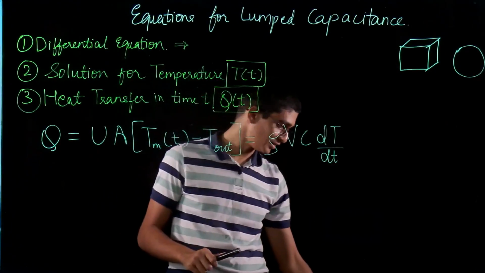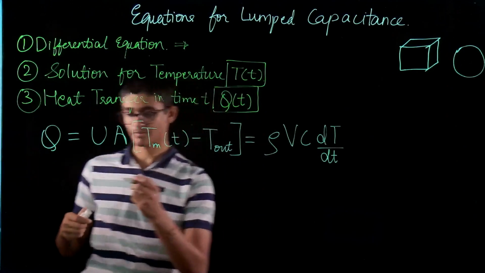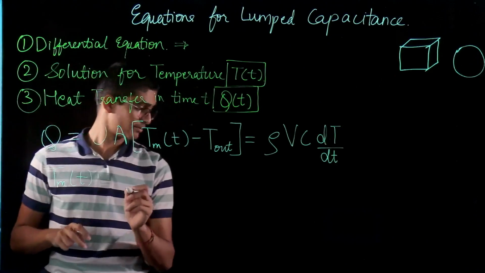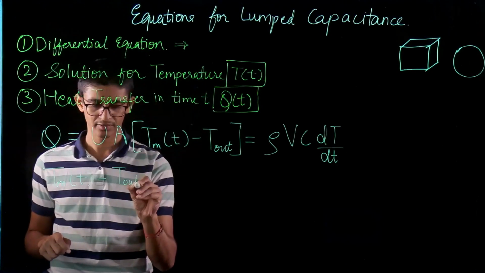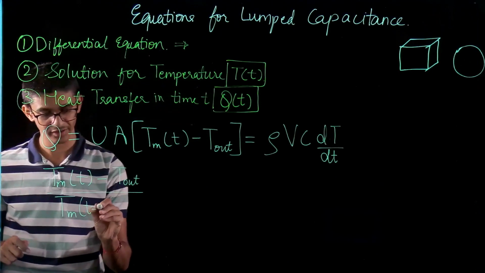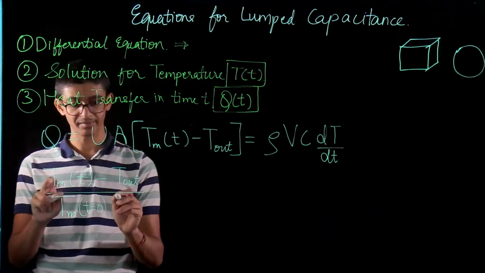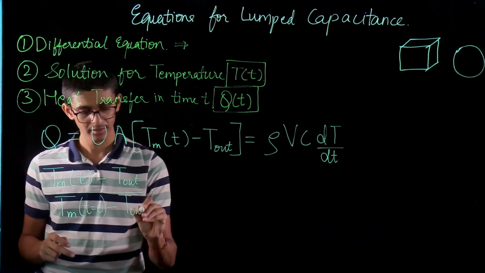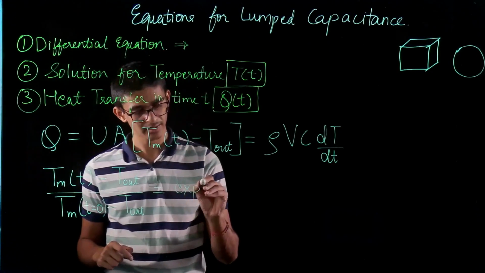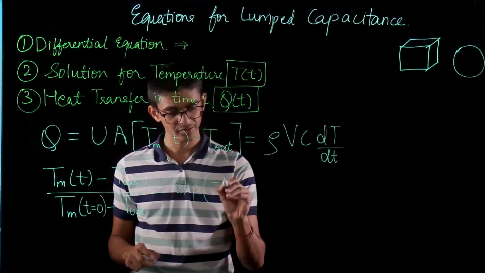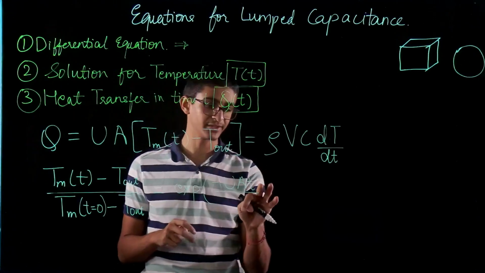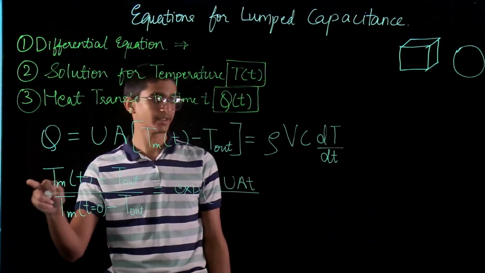The solution is given by Tm at some time t minus T out, upon Tm at t equals 0, the initial temperature of my mass, minus T out, is equal to exponential of minus UA into the total time t, divided by rho V C. Here the time is represented by small t, and the capital T means temperature.